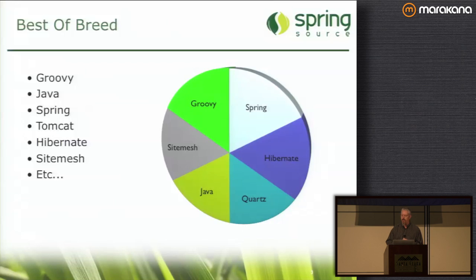We use Spring for dependency injection and transaction management, and we use Spring for a lot of things. Spring is really a core piece of the Grails framework. Grails is built on top of Spring. We bundle a version of Tomcat with Grails, so when you install Grails, you've got a version of Tomcat there. You wouldn't use that particular copy to deploy your production applications, but in your development environment, there's a simple command.